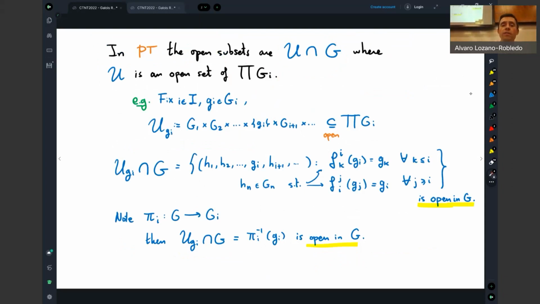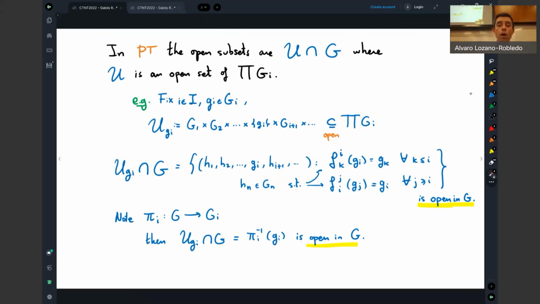What are opens in the product topology? Fix a little element g_i in the group G_i, and then this is an open: everything is the big G_j, the full group, except that in the ith component I only have one element. This is an open in the product topology, and I think they're a basis of the topology for the product topology.